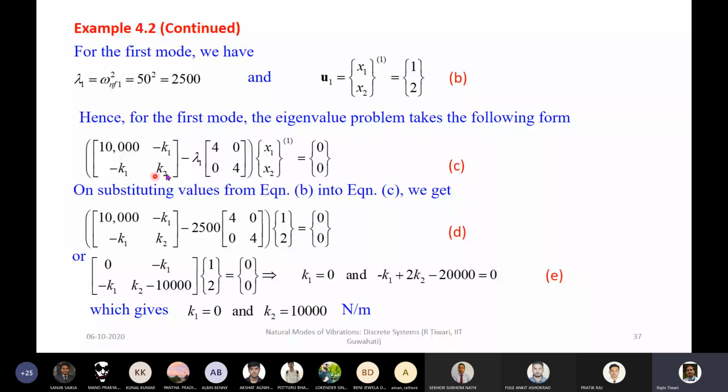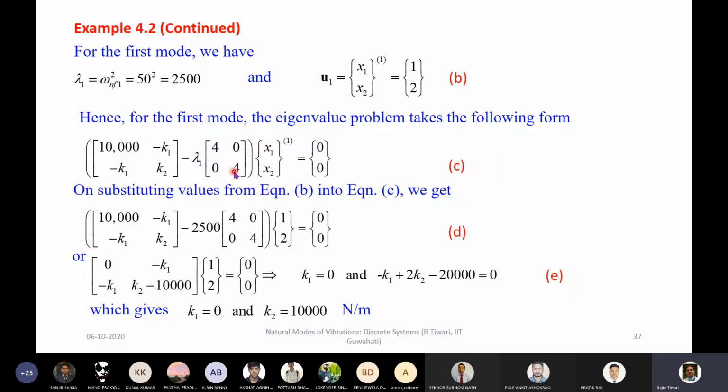Here I am substituting lambda 1 corresponding to the first mode, and this vector will be the eigenvector corresponding to the first natural frequency. So we have substituted the first eigenvalue and the eigenvector.